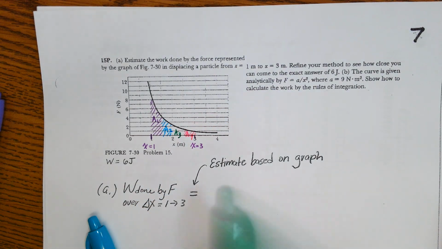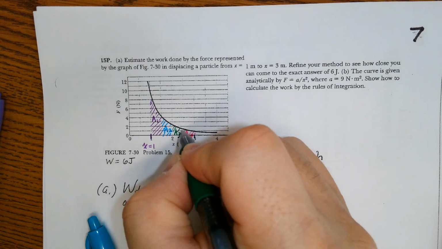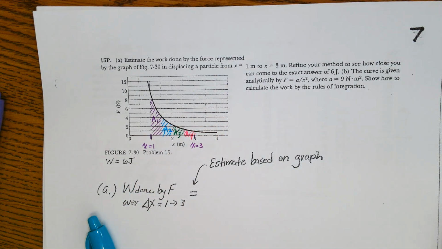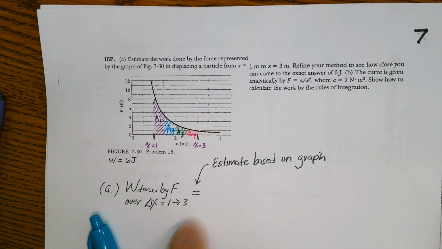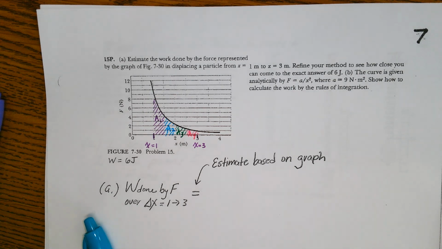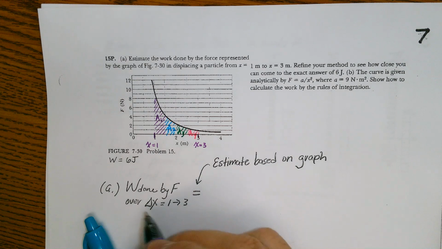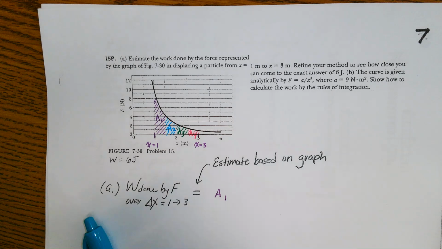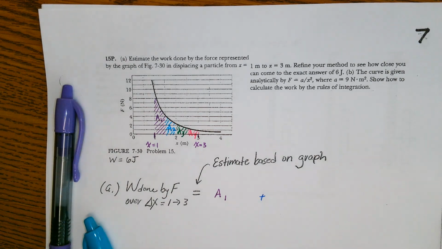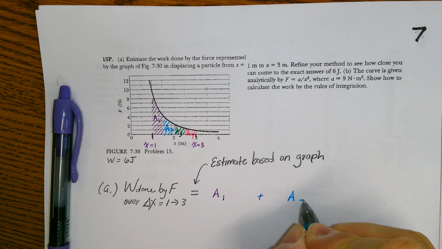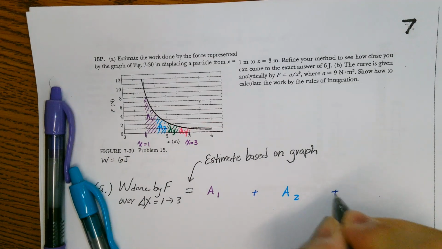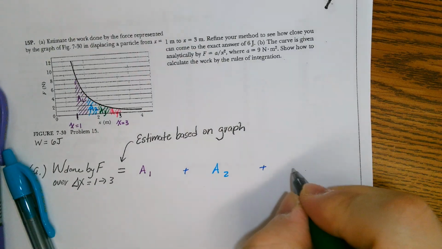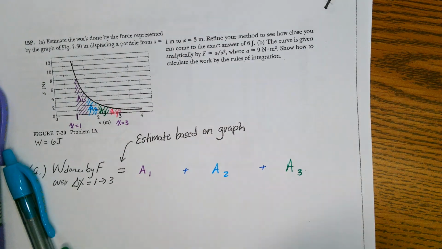All right. So if we could estimate these areas and add them all up, that will pretty much become the work done between 1 to 3 meters, right? So we could simply say the work done by F over delta x of 1 to 3 meters is simply just area 1 plus area 2, plus area 3, plus area 4, right?